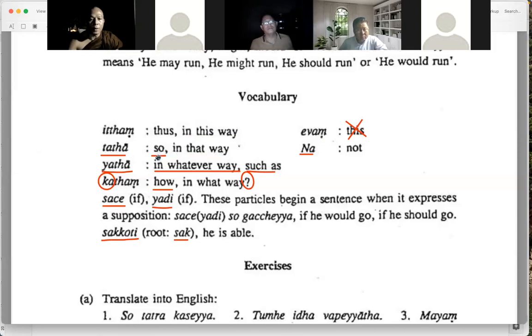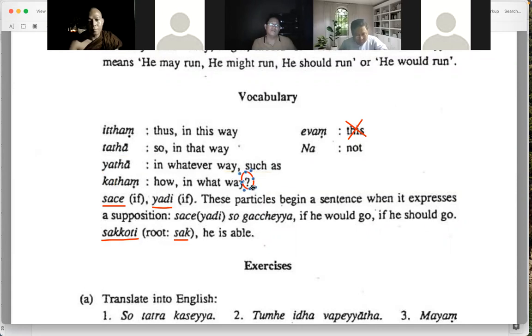And na means negation, not. And yatha means in whatever way or in what way. Or such as, together with yatha, tatha. Okay. And katham, how, question. How or in what way.